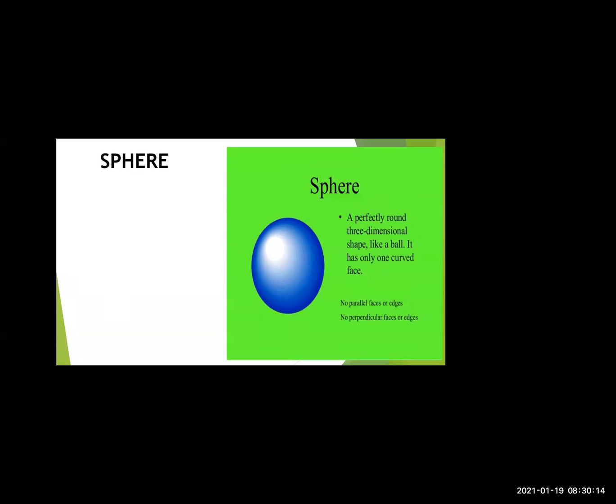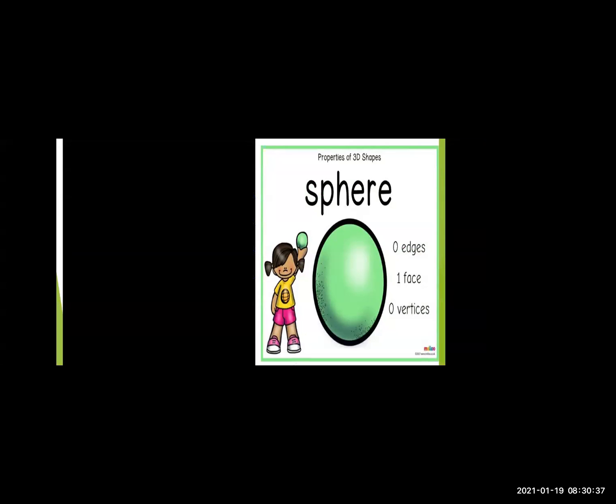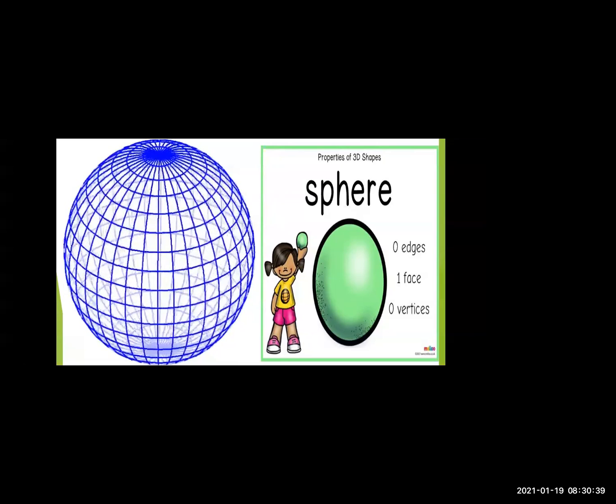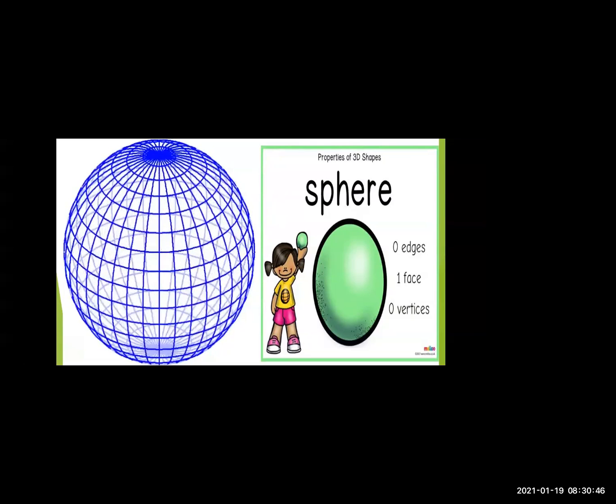It does not have any parallel faces or edges, and neither perpendicular faces or edges. It has zero vertices and zero edges. So here we can see a sphere. It has zero edges, zero vertices, but it has one curved face.